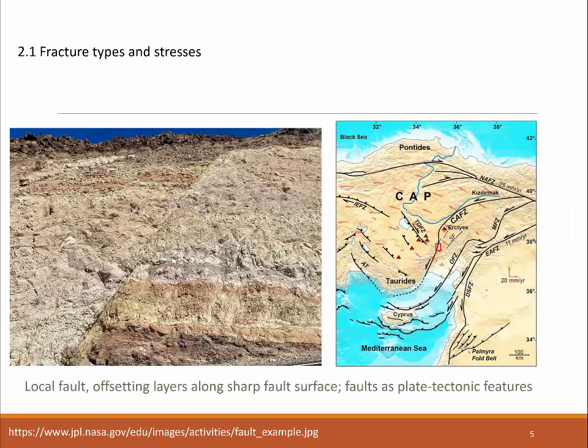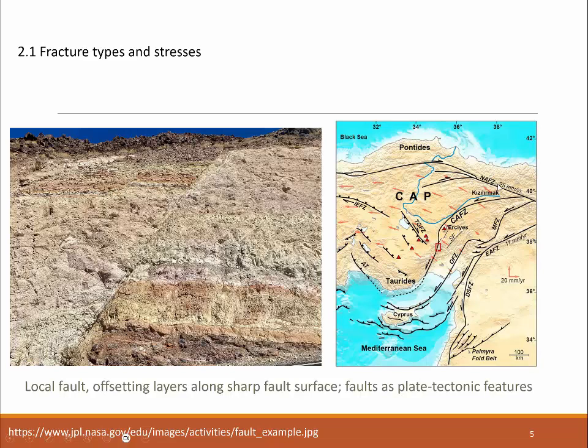Here we see an example for a fault. Clearly there is a very sharp tectonic contact. If we assume that this is a dip-slip fault, it would be a reverse fault with the hanging wall block moving upwards and the footwall block moving downwards. Here on the right hand side we see the situation in Eastern Anatolia, where large-scale fault systems form structures of plate tectonic significance.